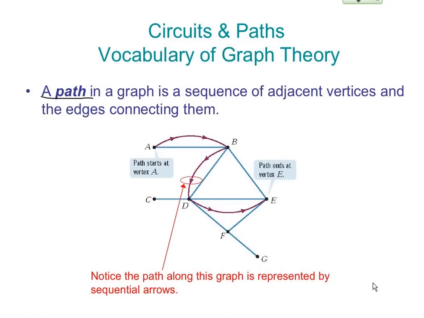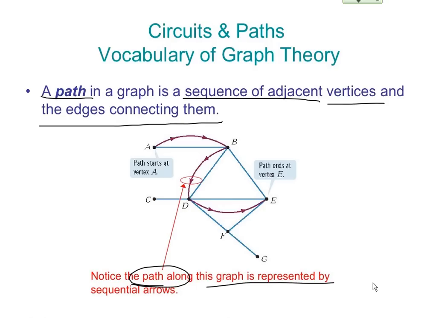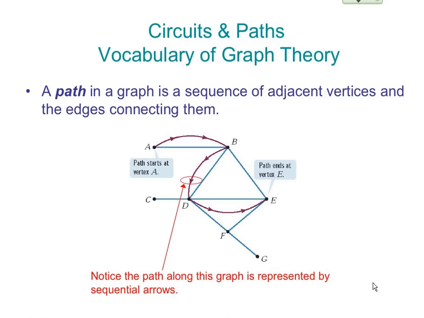A path is a sequence of adjacent vertices and the edges connecting them. For this graph, we used arrows to represent a particular path. So let's suppose I want to start at vertex A, and then go to B. Notice the arrows have you going to B. These arrows aren't edges.